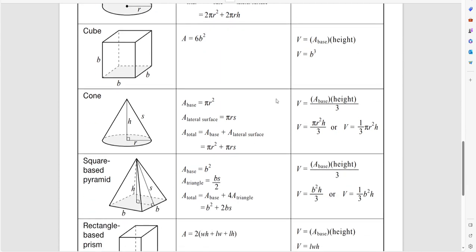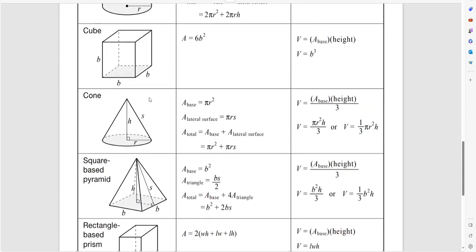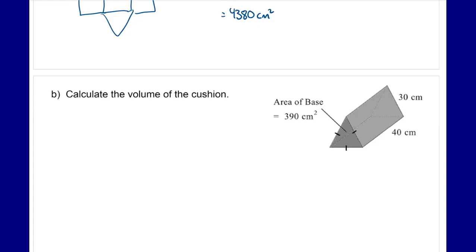So aside from the cone and the square base pyramid, which are two exceptions, every other 3D object that we can look at, or that we're given the formulas for, they all have the same formula: area of the base times the height. And in general, that is what the formula for volume is.